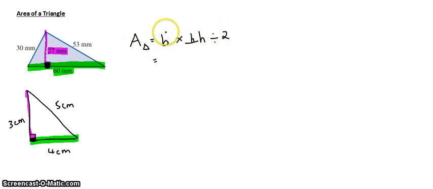Now there are lots of other ways to write our rule for the area of a triangle. Some people will write it like this. Area of a triangle is half times the base times the perpendicular height. Some people might write it differently again.